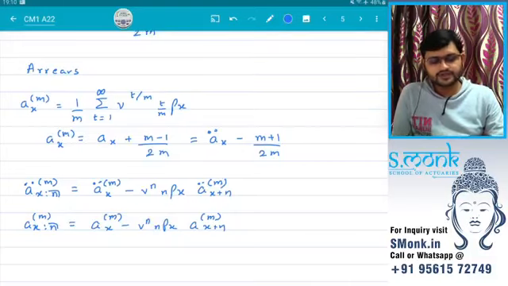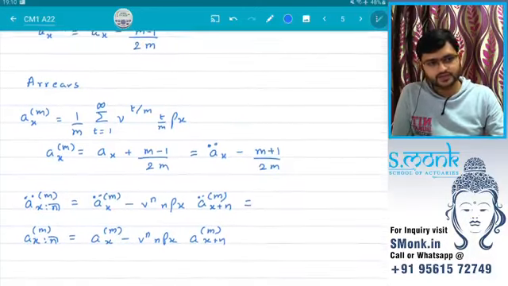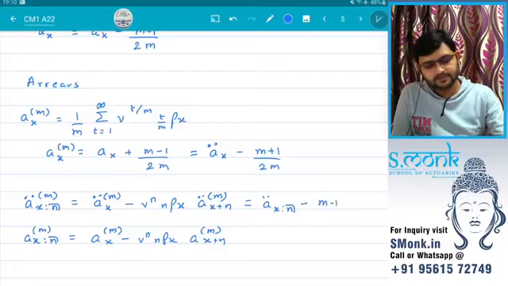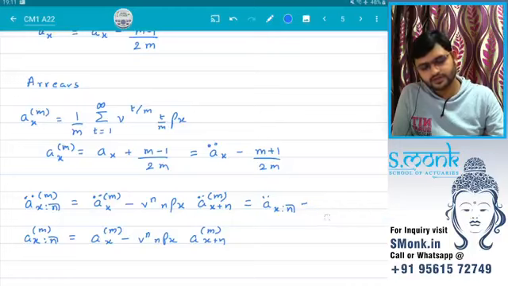Now if you solve this and rearrange in terms of your ä value, this will actually give you ä_x:n payable m times equals ä_x:n minus (m−1)/(2m) times (1 minus v^n n p_x).